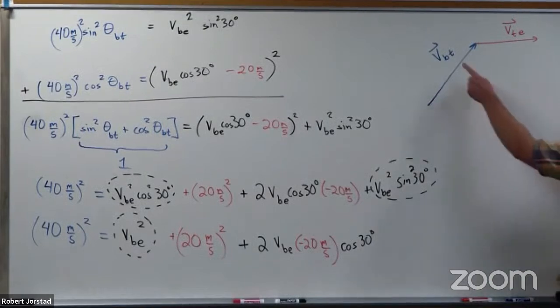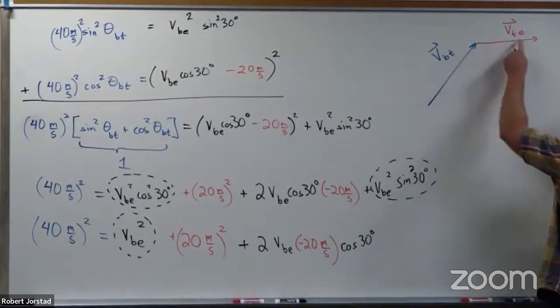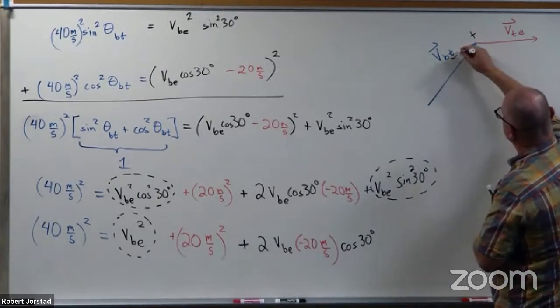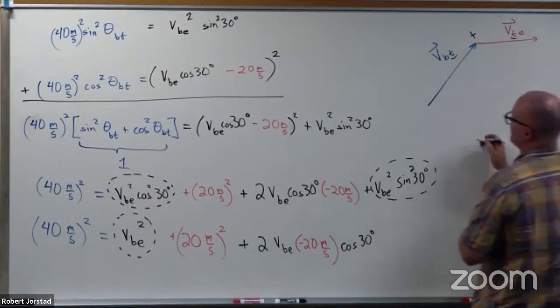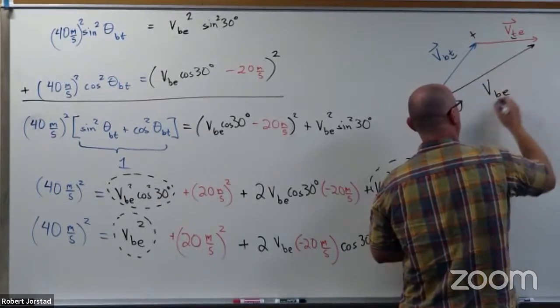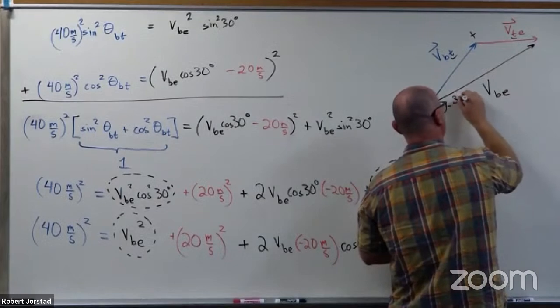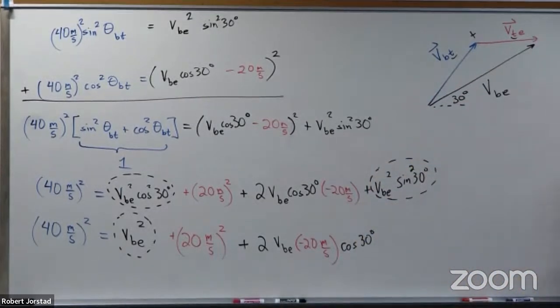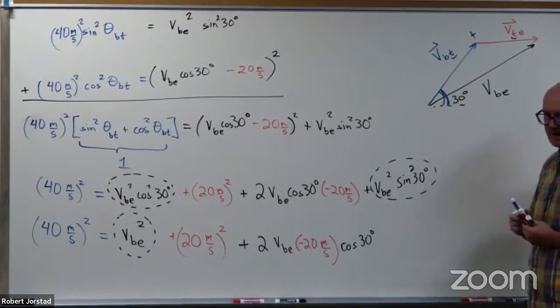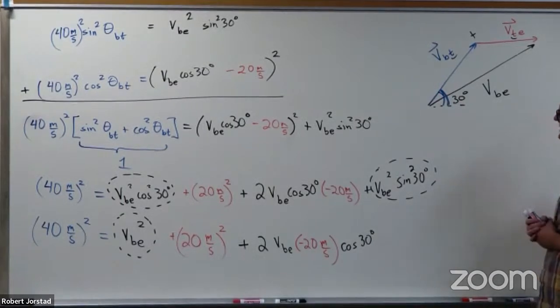And notice what gets squeezed out when I add these two vectors. The t gets squeezed out, and the sum of those is this way: the velocity of the ball relative to the earth at a 30-degree angle. I want this 30-degree angle. What angle do I need to use right here? And it looks like it's about 45 degrees or something. I hope this kind of helps make visual sense out of this problem.